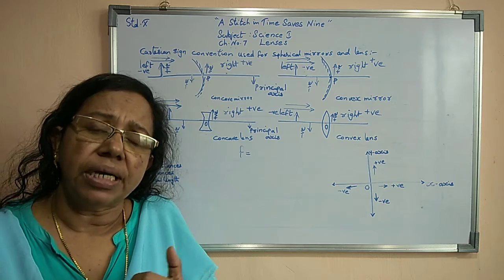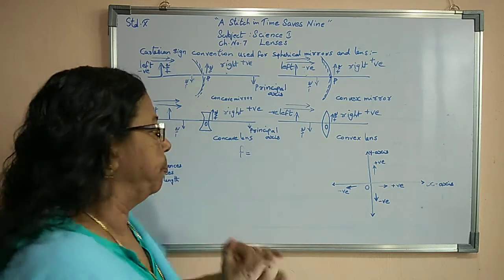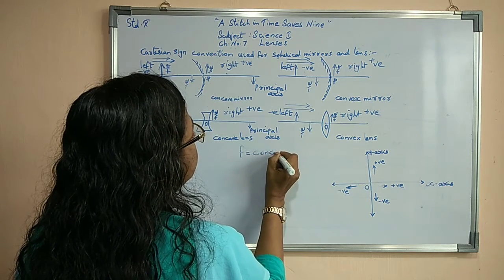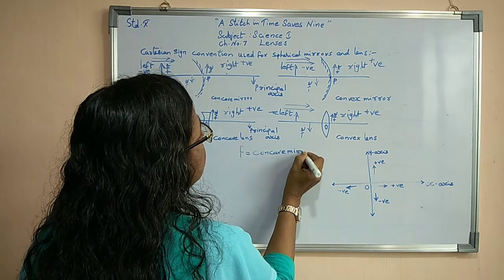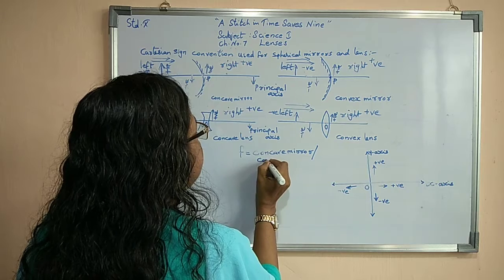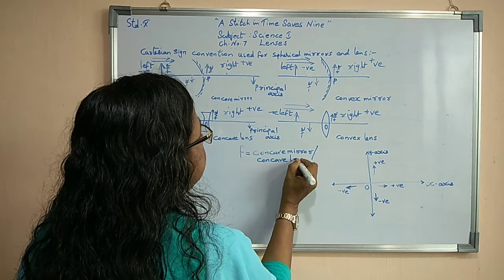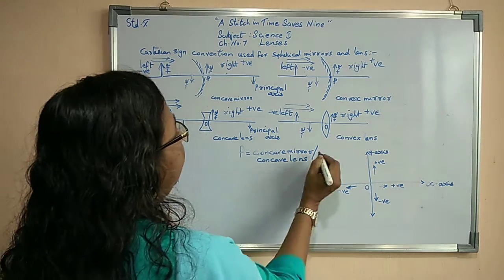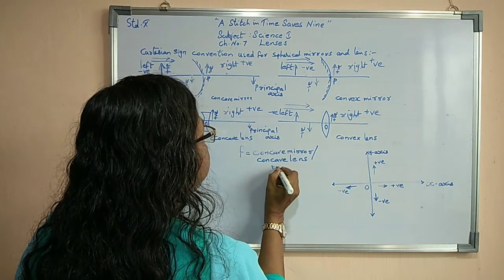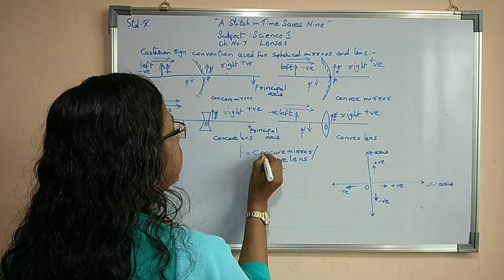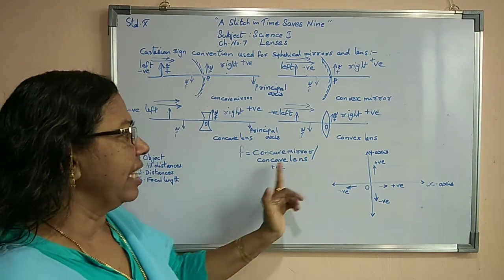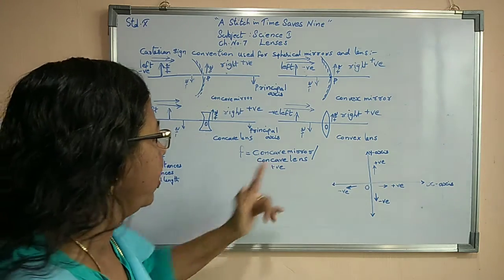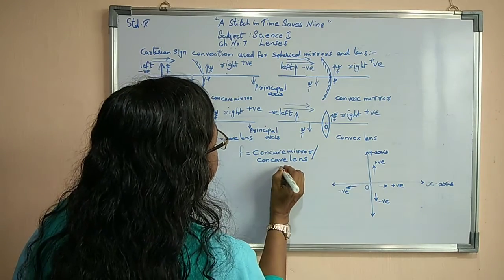Focal length in case of concave mirror and concave lens will be negative.